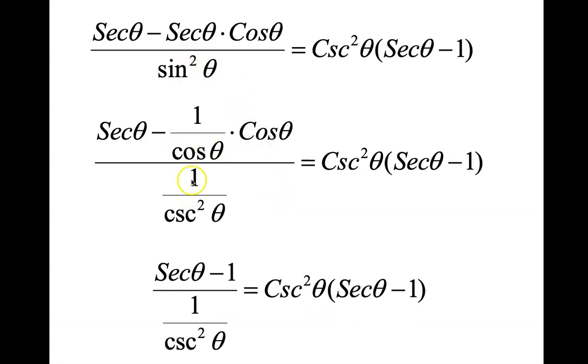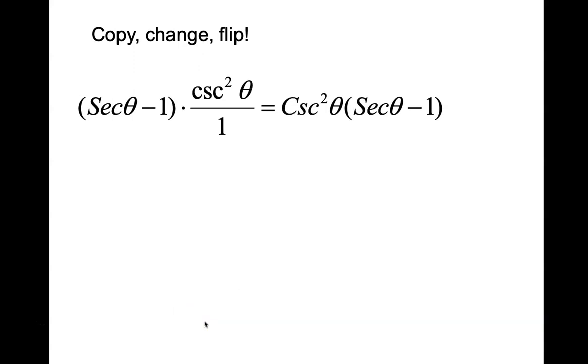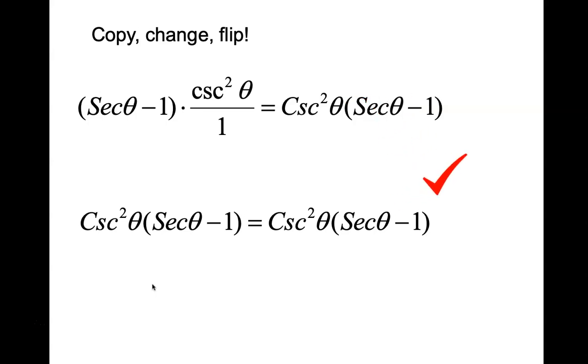So that gives me a secant minus 1, and then basically all over 1 minus the 1 over the cosecant squared right here. And then I just copy, change, and flip, or multiply by the reciprocal if you prefer to say that. So instead of dividing by 1 over cosecant squared, I multiply by cosecant squared over 1, which gives me what I started with, and we are done.